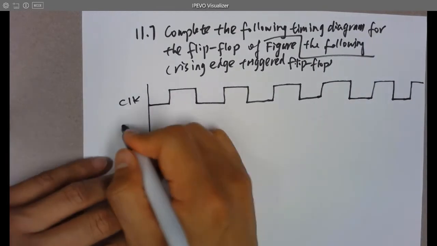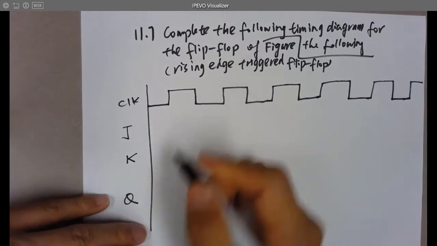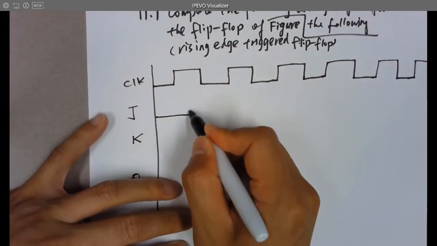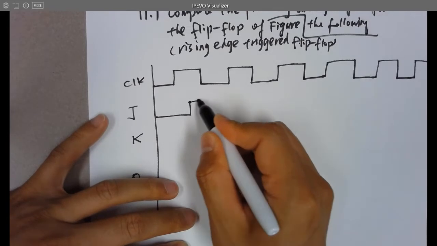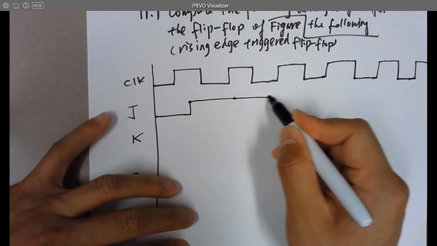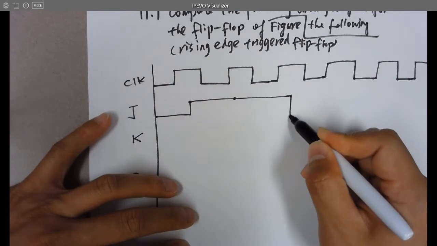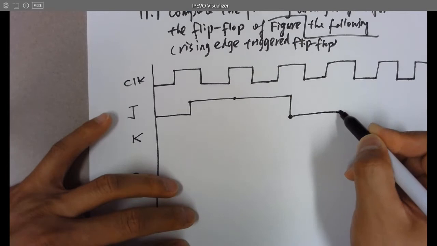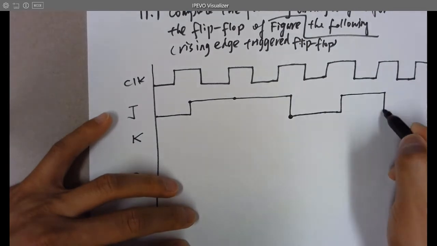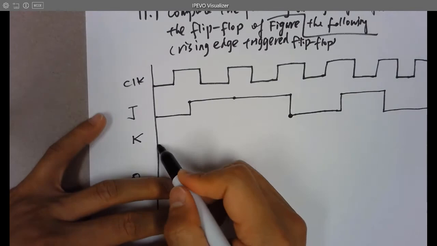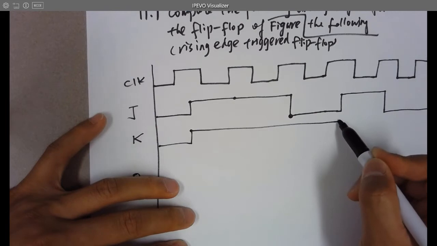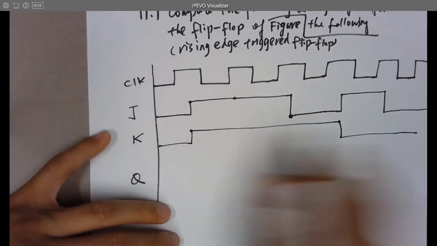Then you have J, you have K, you have Q. Given that J will change state in the middle of the clock and keep going until here in the middle, and then go back to 0, and at the fourth one in the middle, go up, and here go down. For K, it used to be this and becomes this, and gets over here and then goes back to 0.